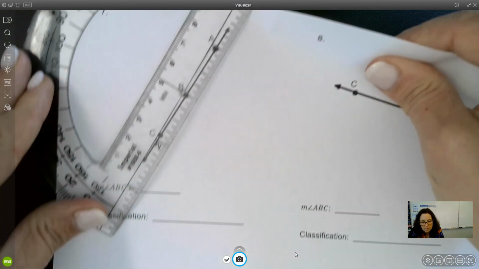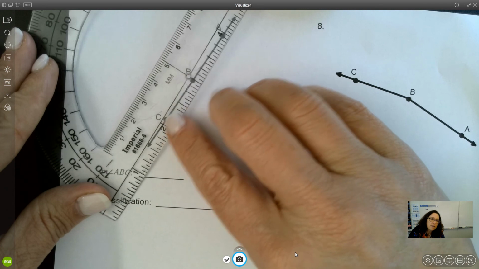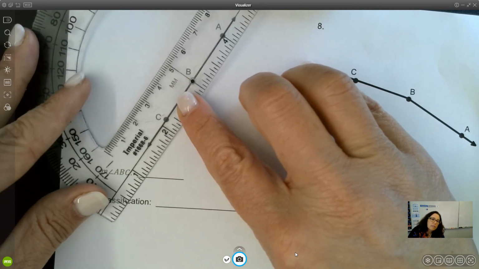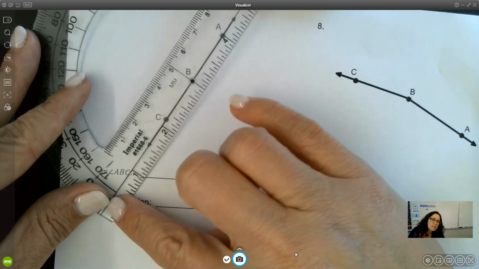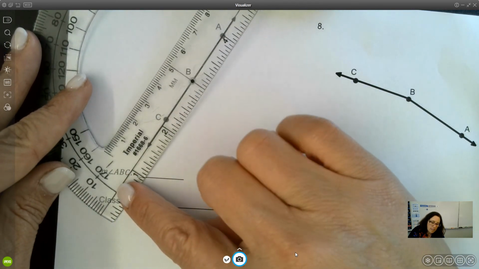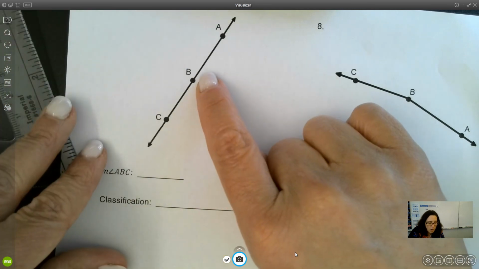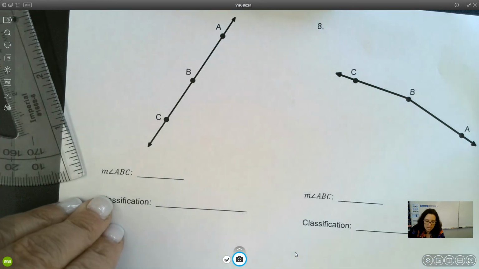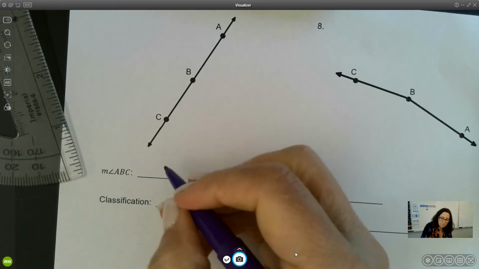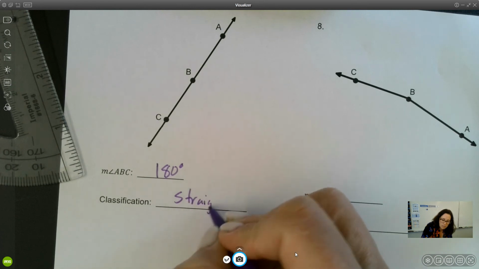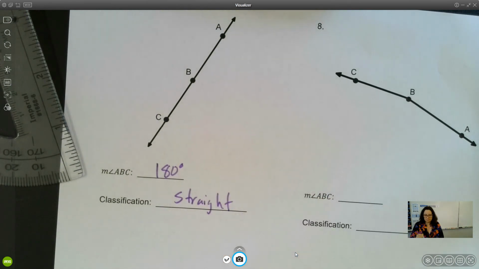The base of my monitor kind of gets in the way here. This is going through 0 or 180. Is this 0? No, because you wouldn't even see that. It's 180, and that was called a straight angle.